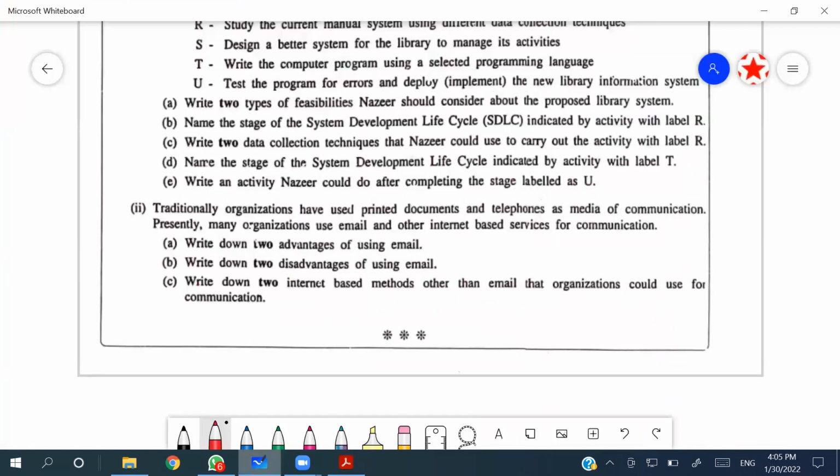So they are asking, traditionally organizations have used printed documents and telephones as media of communication. Presently, many organizations use email and other internet-based services for communication. Write down 2 advantages of using emails. So the cost and the efficiency can be taken as the concrete answers.